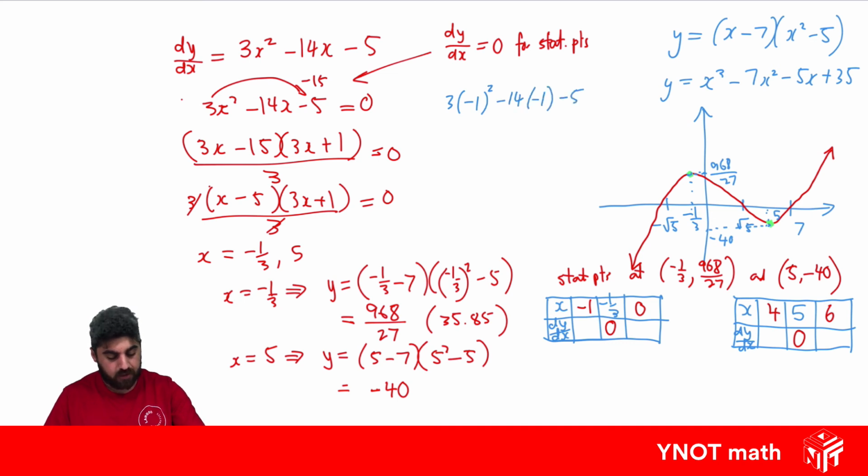So we get 3 plus 14 minus 5, and we're going to get 12, sorry.